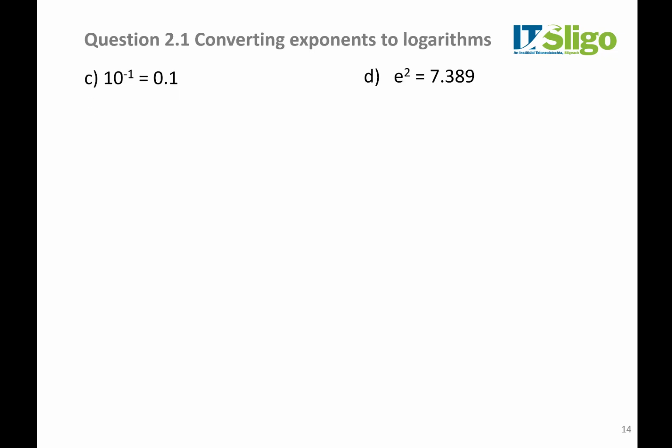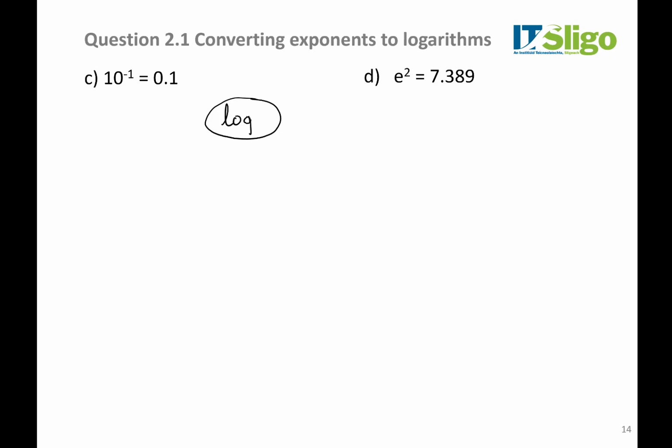Another example. Get log to the base 10. So 10 is my base. I want to kill the exponent, so I want to remove his base. So first of all, I'm getting log. Log on its own, guys, always means it is to the base 10.